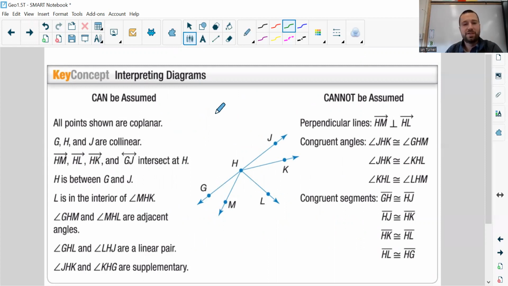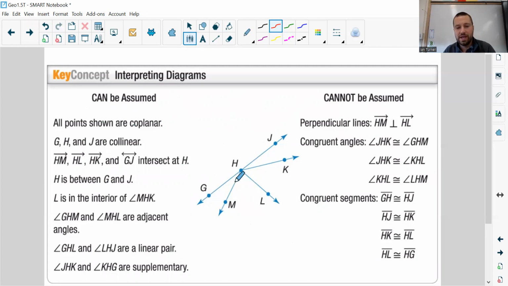So we have talked quite a bit about how we can't always assume everything, or things aren't drawn to scale. But let's talk about what can be assumed from a diagram. So some things that can be assumed are all your points are in the same plane, right? It's a flat surface.